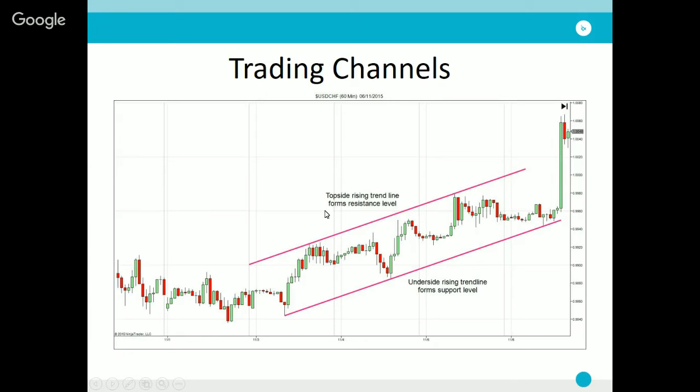And one of the interesting things about channels is that we can actually anticipate their formation. So obviously we identify our trend line once we've connected two price points, okay? So imagining we're at this point in time here where price is bouncing up and we can't see any of this price action to the right. All we would do is simply go ahead and clone this trend line and apply it to the first significant swing point.